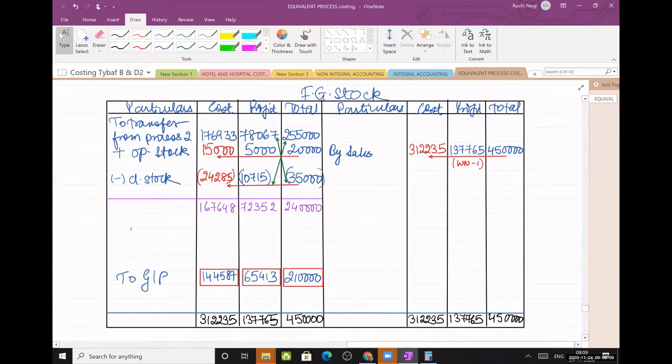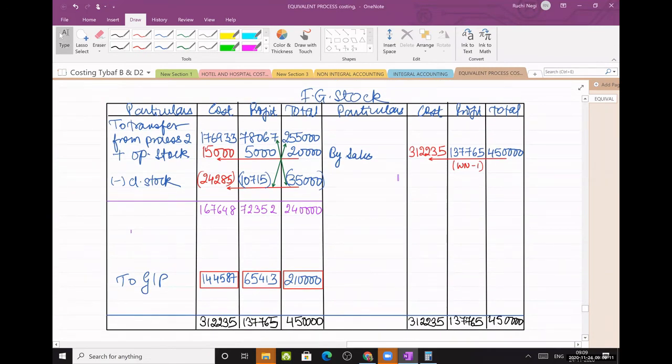Then sales: finished goods is sold. Total goes on the credit side. The total given is 4,50,000. Transfer price is 4,50,000, meaning this is your sales price, your selling price. Now from this we have to remove the profit element. 4,50,000 is your selling price.